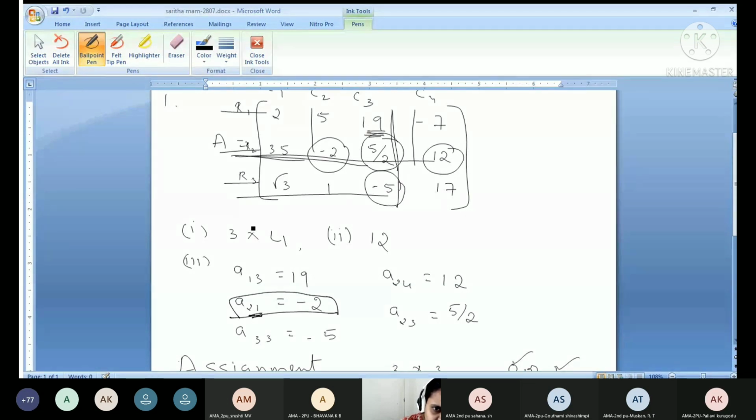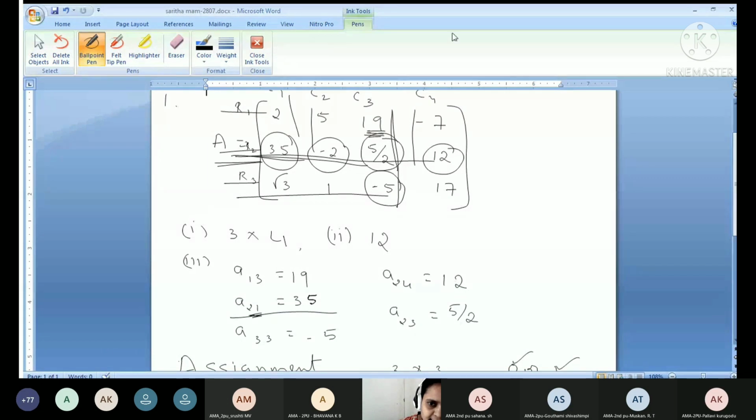It is 35. Correct. Make correction here. It is 35. Second row, first column. Yes, it is second row, first column. Fine. Okay.